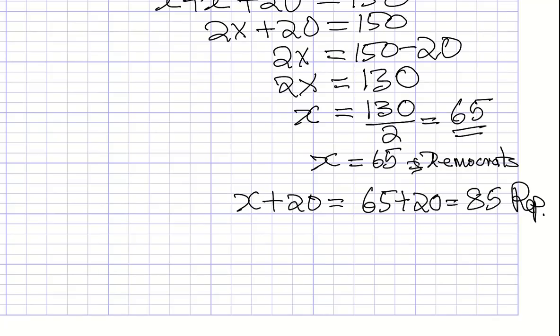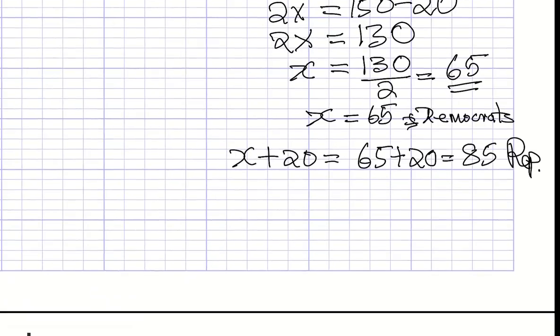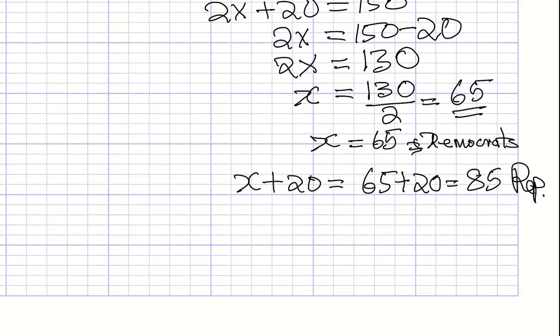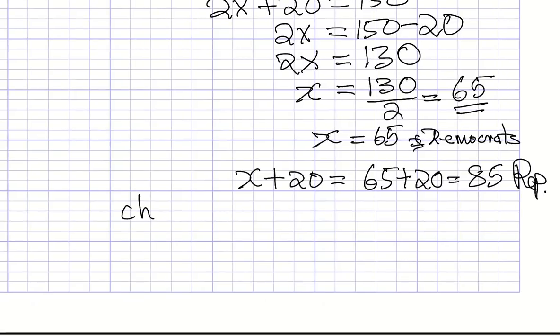So how do we check if we're correct? It's kind of hard to check, but I think we can do it this way. There are 65 Democrats, right? So if there are 65 Democrats, that means 150 minus 65 will give you what?